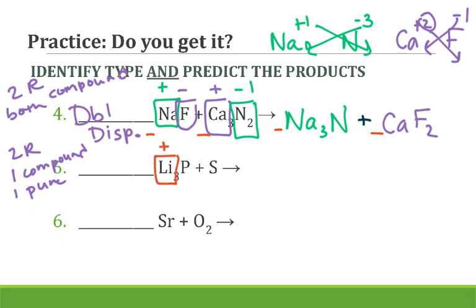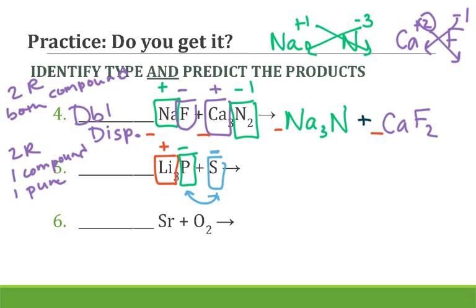Lithium has a positive charge. Phosphorus has a negative charge. So we need to look at sulfur and decide, is that going to switch with phosphorus or with lithium? And sulfur has a negative charge. It's a nonmetal, meaning that it is going to switch with phosphorus.